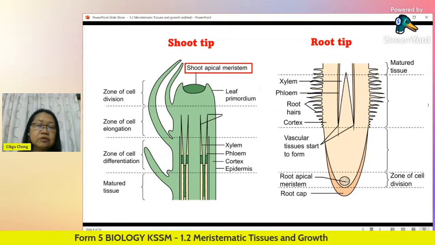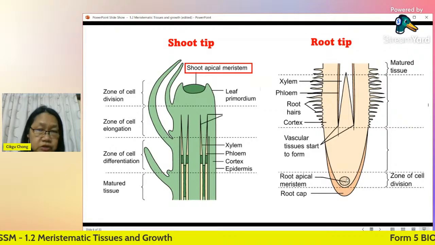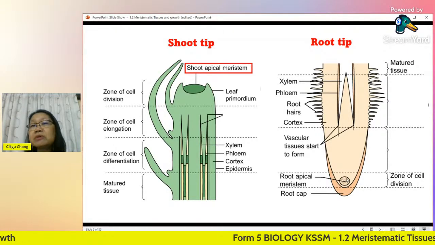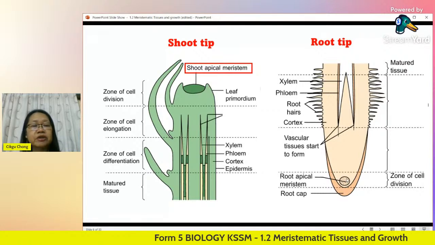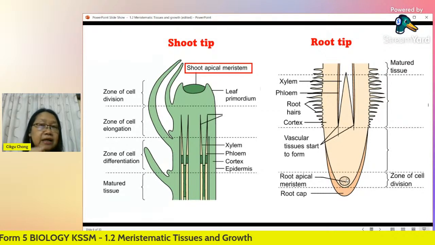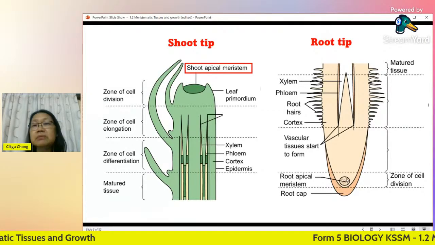Because you notice that these roots go down into the soil. In the soil, there are pebbles, there are rocks, very jagged edges of the rocks and sand and all that. So that could injure this delicate root apical meristem.